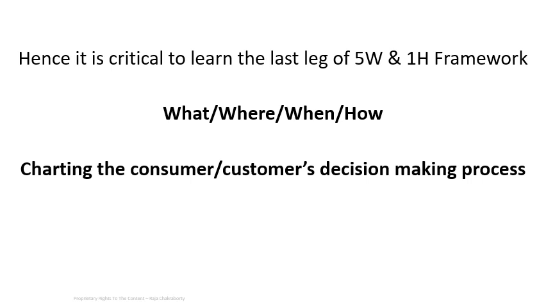So therefore, this brings us to the last leg of our 5W and 1H framework, which is what, where, when, how. And this is basically about how the consumer goes about making their purchase decisions, where they purchase from, when they purchase the product, and what factors play in their mind while they are making those purchases.